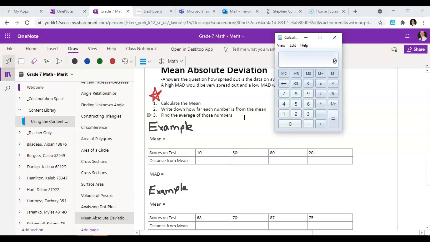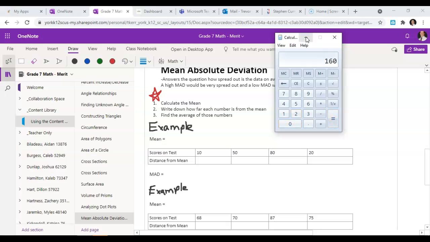So I'm going to go to my calculator and add all of them up: 10, 50, 80, and 20. Oops, I must have done something wrong there. 10 and 50 is 60, 60 plus 80 plus 20.